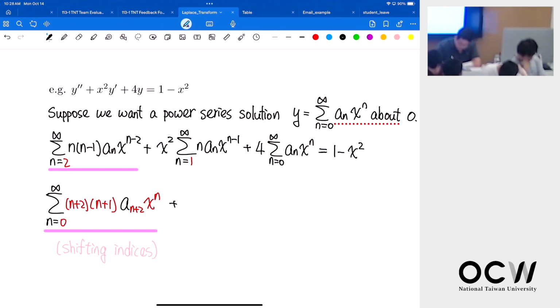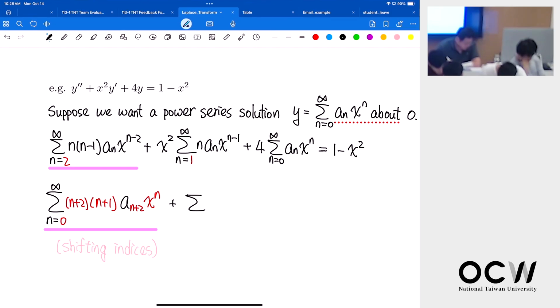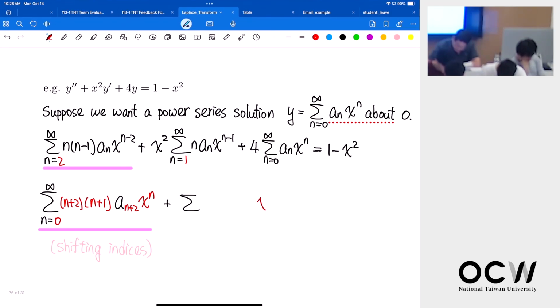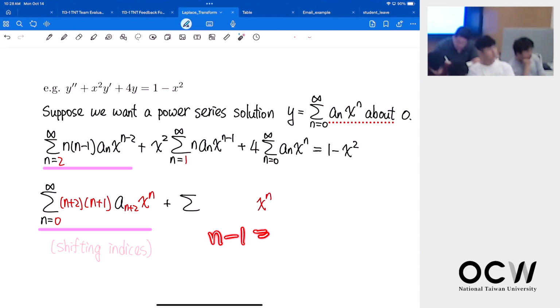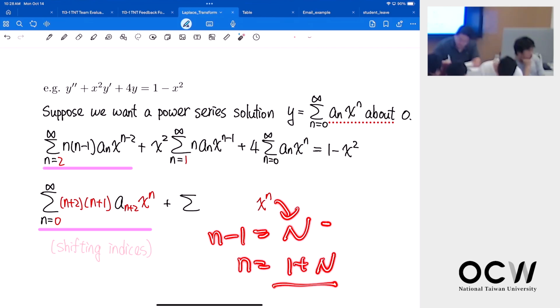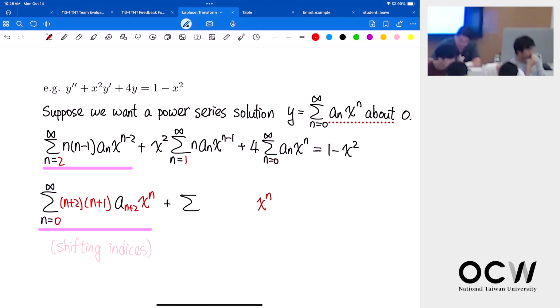Next, x to the n minus 1 becomes x to the n. So I have a summation, and I want x to the n. So again, n minus 1 becomes n, and your n becomes n plus 1. So here it should be n plus 1, a_(n+1).